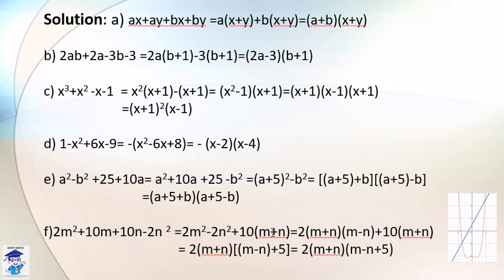And the last term keep writing the same, 10 times m minus n. So they are the same terms, m minus n. So take out and make the final answer is 2 times m minus n and times m plus n plus 5. Right?